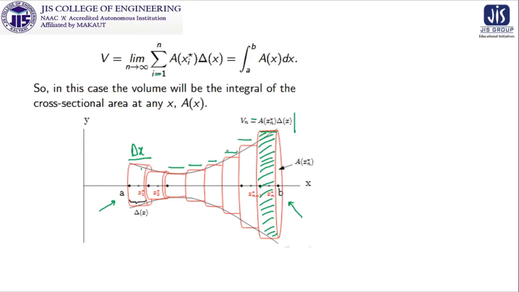If you break it up, it is A(x1 star) del x, that means this area, then A(x2 star) del x, that means this area, A(x3 star) del x, and so on. If you sum them up, you will get the whole volume.